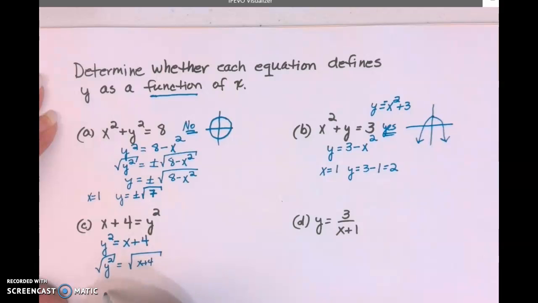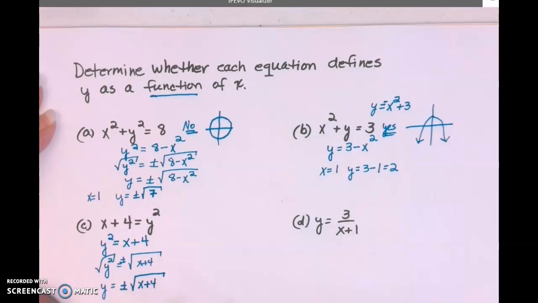And when I take the square root of y, and I take the plus or minus square root of the other side, I get y equals plus or minus the square root of x plus 4. And again, when we put one x value in, we get both a plus and minus value out. So that cannot be a function.